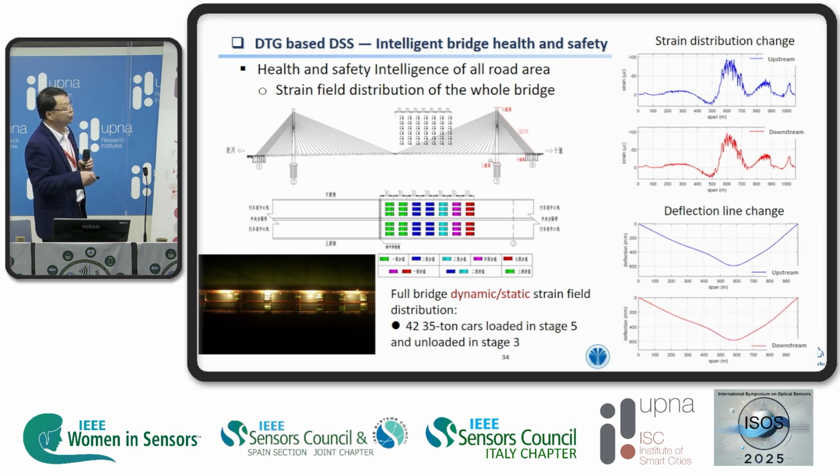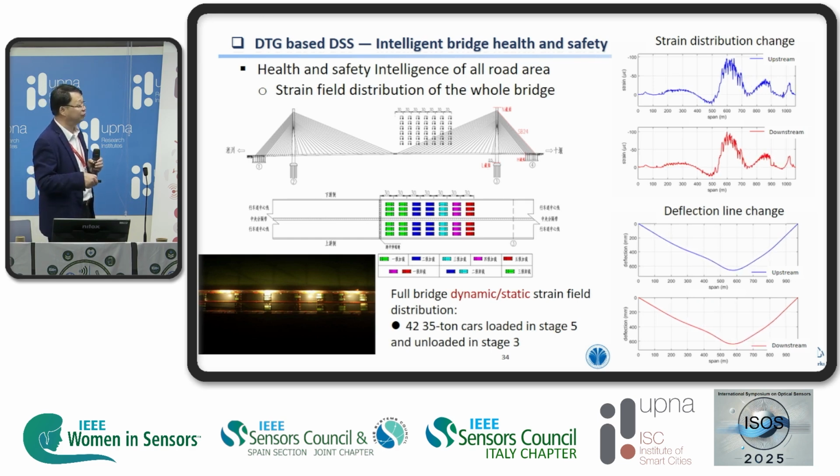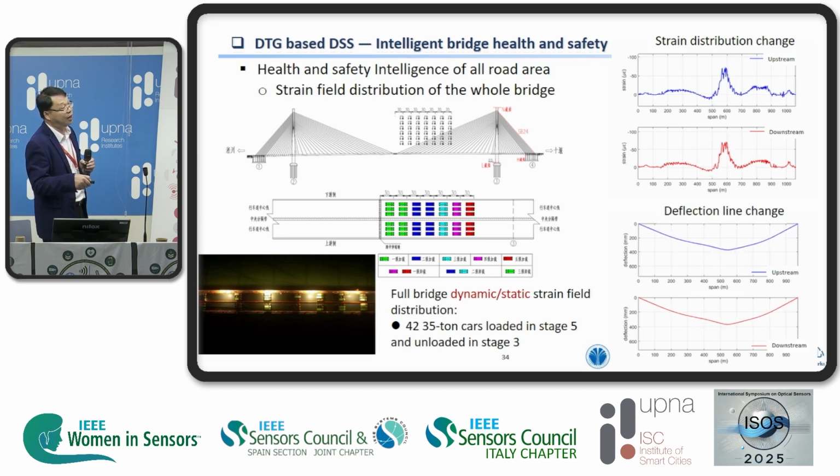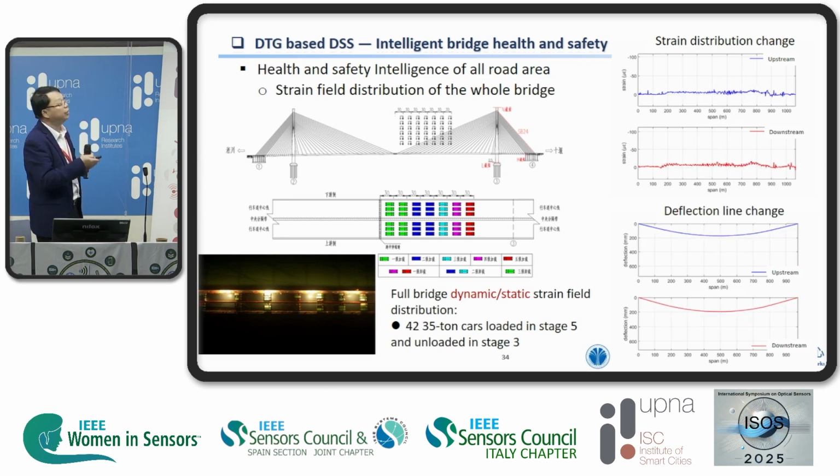Then we use different trucks, and then we have different dynamical or statical strain deformation with the different trucks going on the bridge, and then monitor the deformation of the bridge change, especially the so-called bridge line change, and then to get the information of the bridge itself.